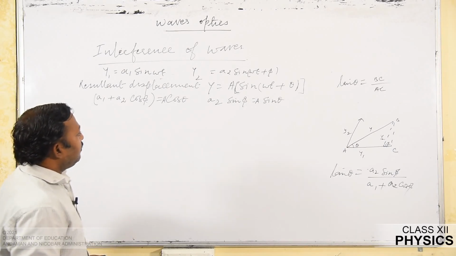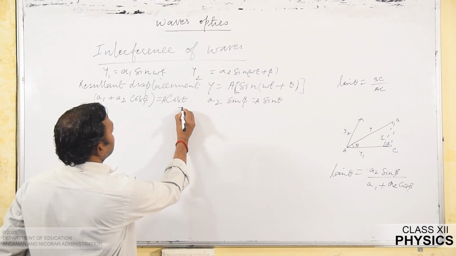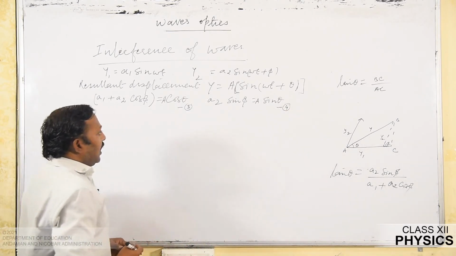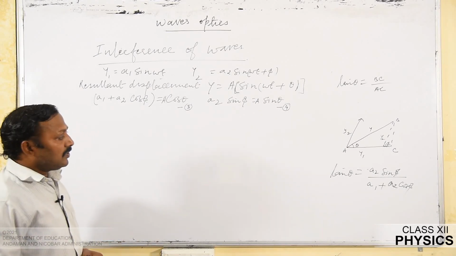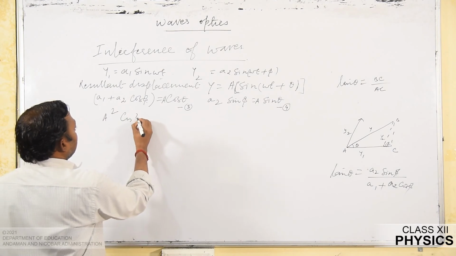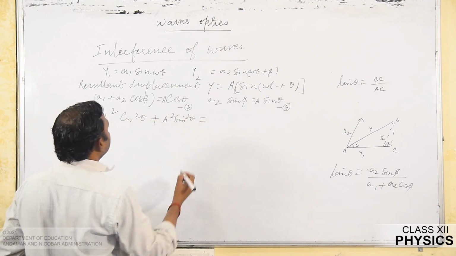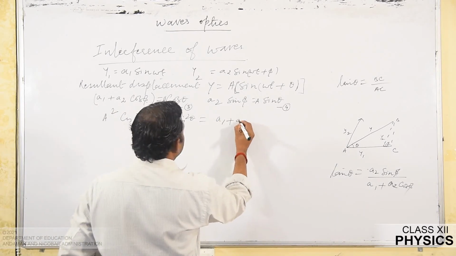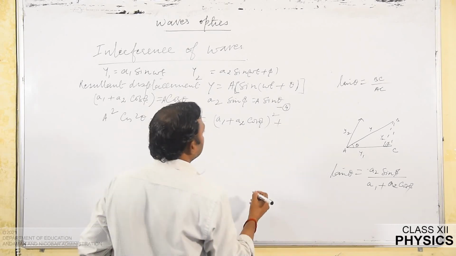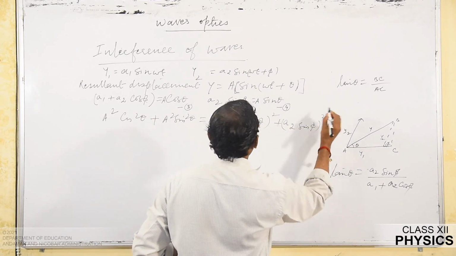So for resultant amplitude, square both these parts, that is let us say this equation as 3 and this one as 4. Square and add the equations 3 and 4, we get a square cos square theta plus a square sin square theta is equal to (a1 plus a2 cos phi) whole square plus (a2 sin phi) whole square.